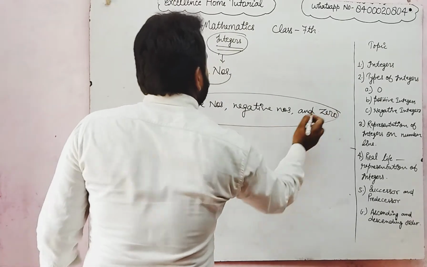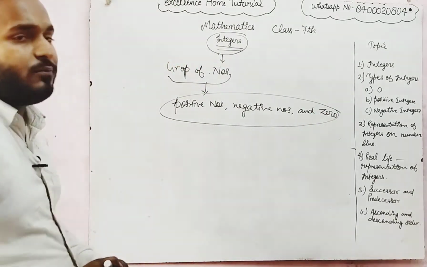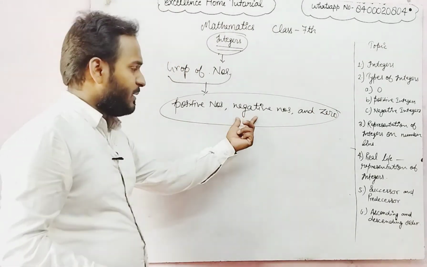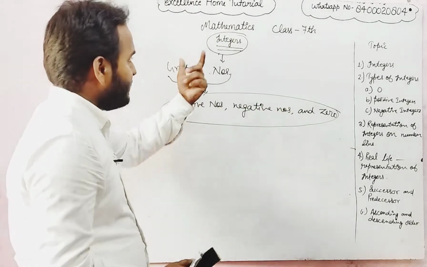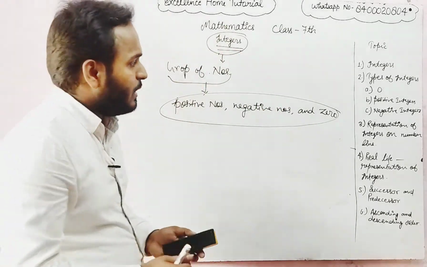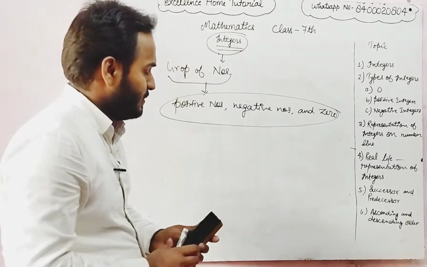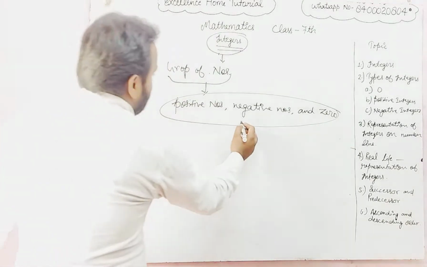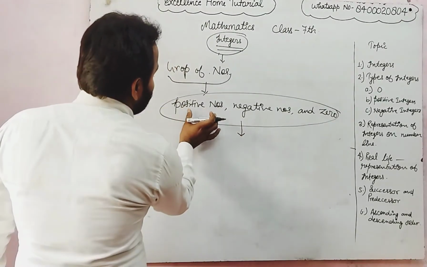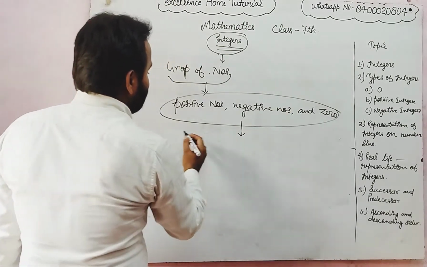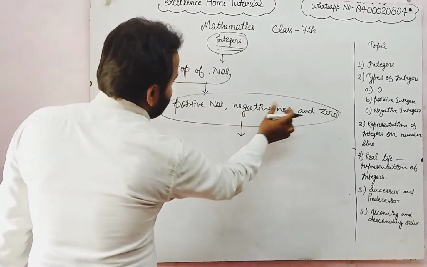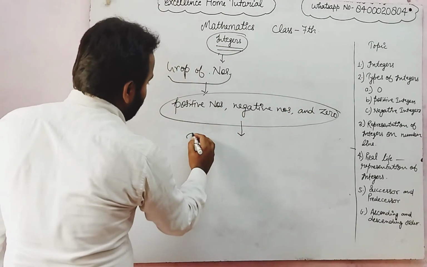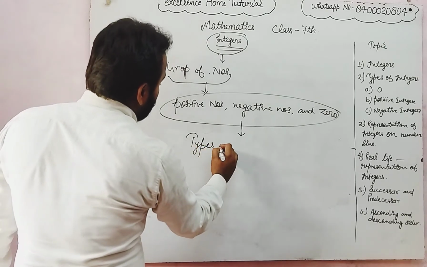That means the group of positive numbers, negative numbers, and 0 is called integers. On the basis of their constituents, there are types of integers.